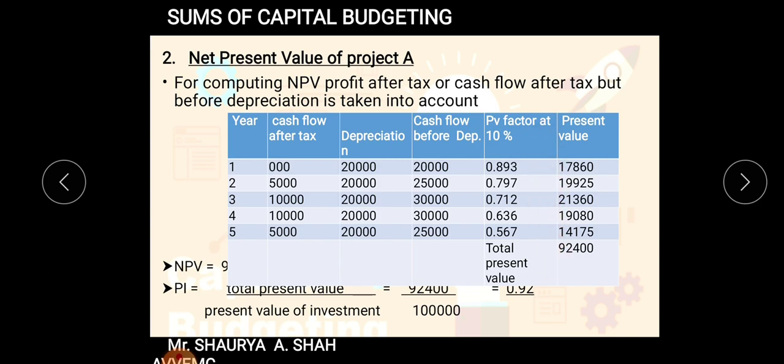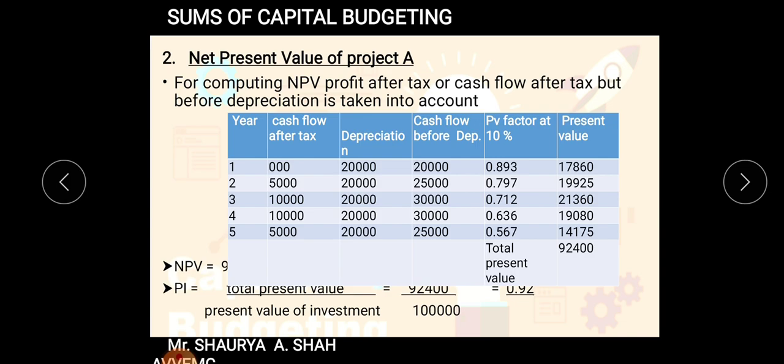So you multiply the cash flow by your factors, and you will get the present value, fine. So take the cash flow after tax, add depreciation to it, then you will have cash flow before depreciation, you will have the discounting factors, and you will have the final present value, fine.